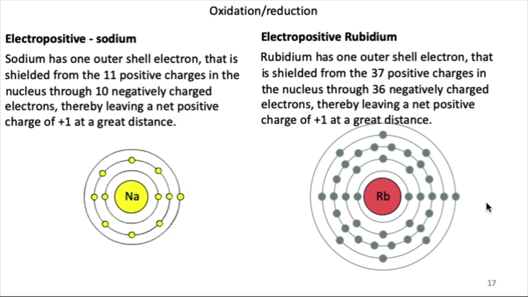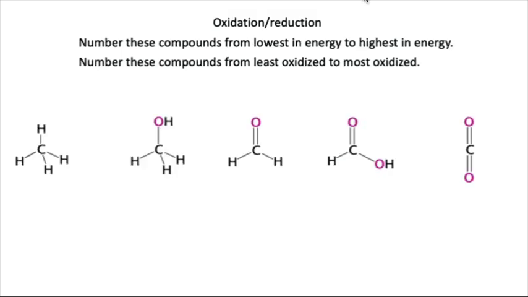In contrast, in the case of rubidium, that lone outer shell electron is separated from the positively charged nucleus by 1, 2, 3, 4 layers of inner shell electrons, such that the outer shell electron in rubidium is further away from the nucleus than is the outer shell electron in sodium. And of course, the greater the distance, the less the electrostatic attraction will be.